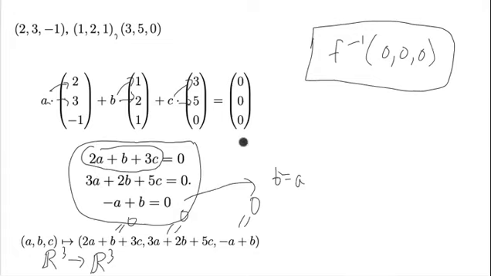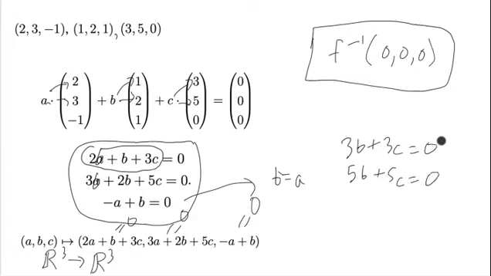So we could just literally write in 2B and 3B. That would tell me on the top, 3B plus 3C equals 0. On this one, we'd have 5B plus 5C equals 0.